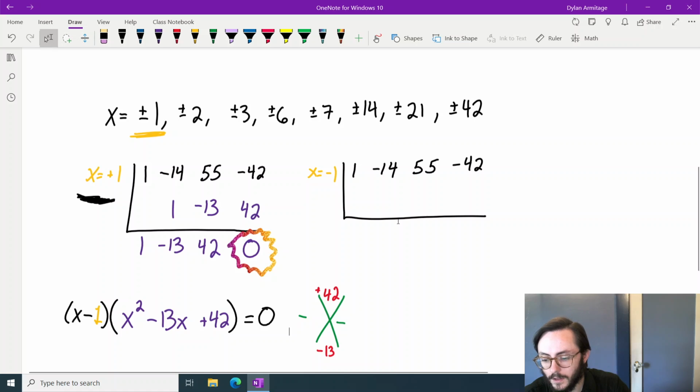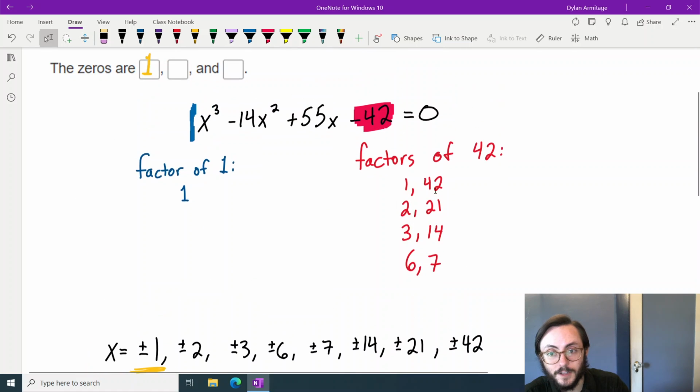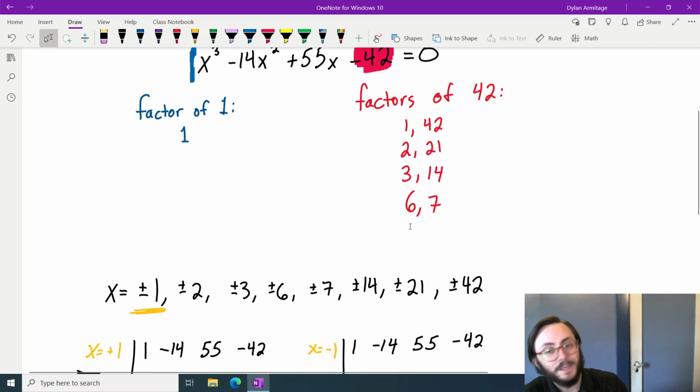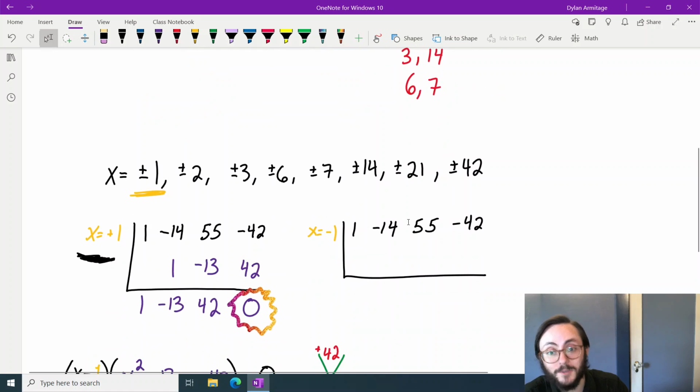We already have a list of our factors of 42. Let's see. Negative 1 plus negative 42, no. Negative 2 plus negative 21, no, negative 23. Negative 3 plus negative 14 would be negative 17, not quite. Must be negative 6 plus negative 7 equals negative 13.